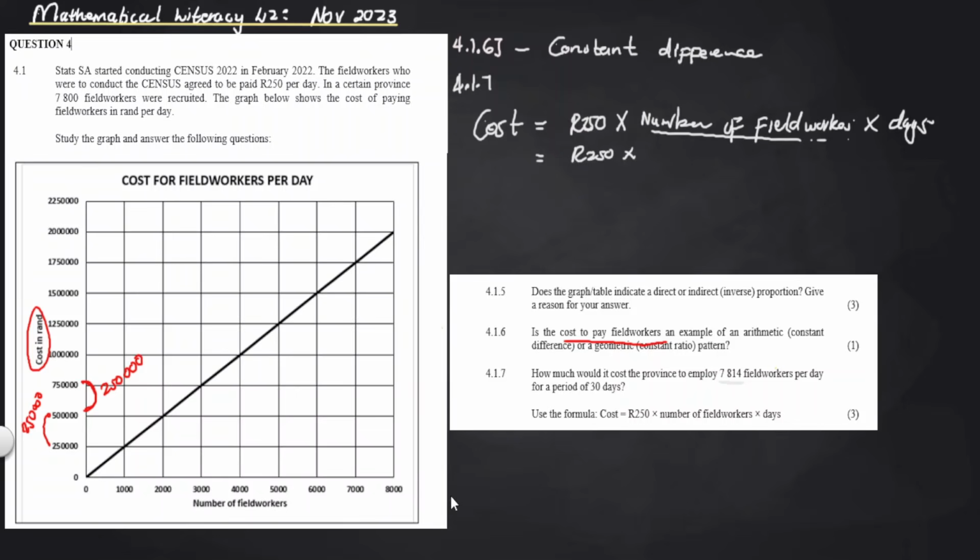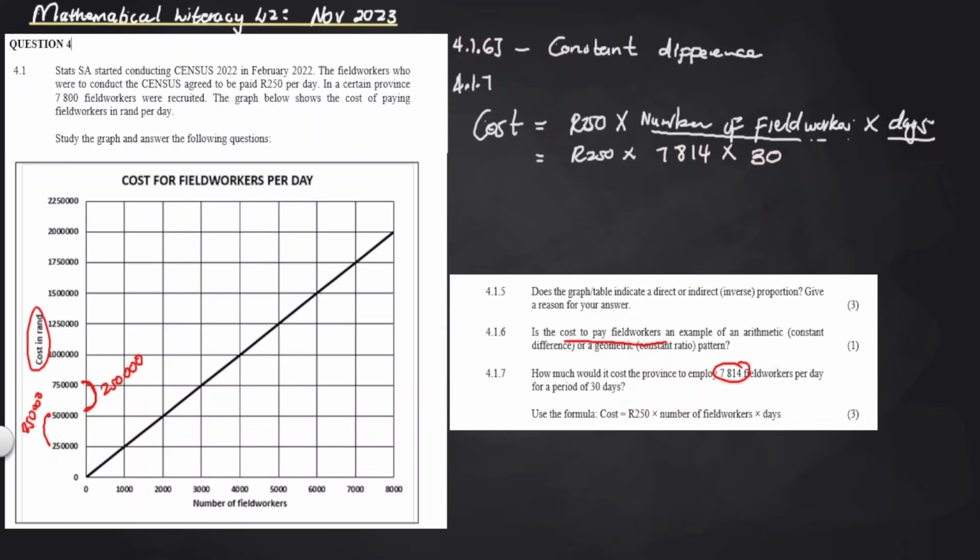How many field workers do we have? We are given a number, that's 7814, multiplied by the number of days. How many days do we have? 30 days. So they're going to be working for 30 days. 250 multiplied by 7814 multiplied by 30.